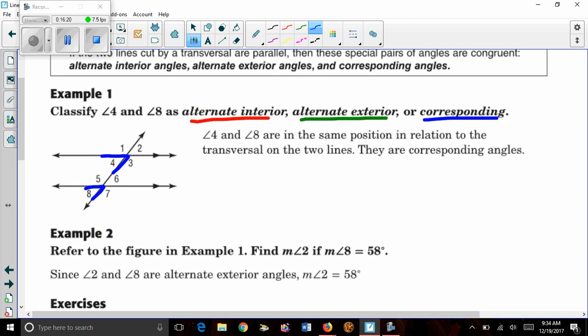Thus, they are corresponding angles, and you just want to make a statement as the following. Angle 4 and angle 8 are the same position in relation to the transversal on the two lines. They are corresponding angles. All it is you're stating the definition. And you could be asked to do that for any of those three relationships.